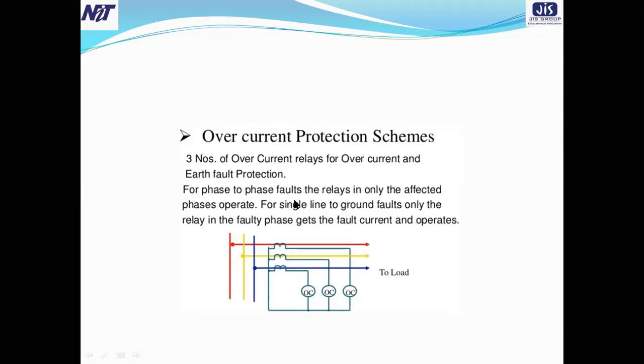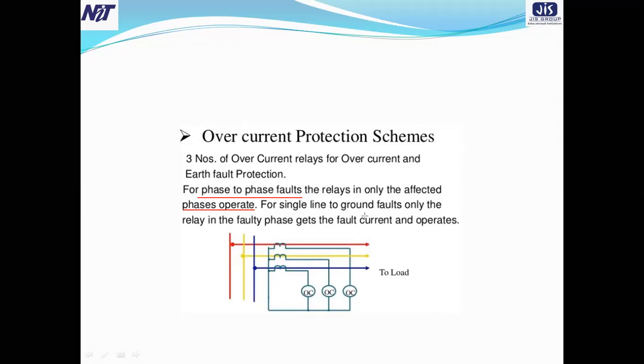For phase-to-phase fault, only the relays in the affected phases operate. You know how many types of fault there are. Among them, phase-to-phase fault is one of them. So for phase-to-phase faults, only the relays in the affected phases operate.